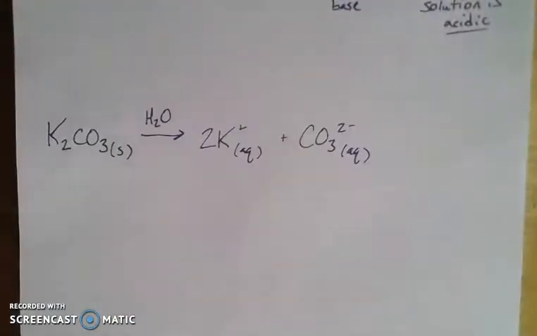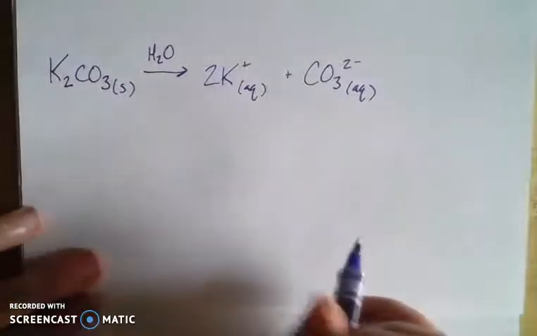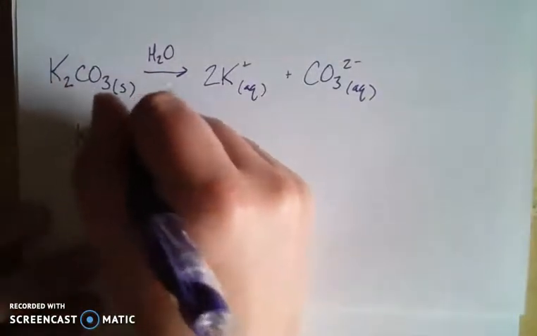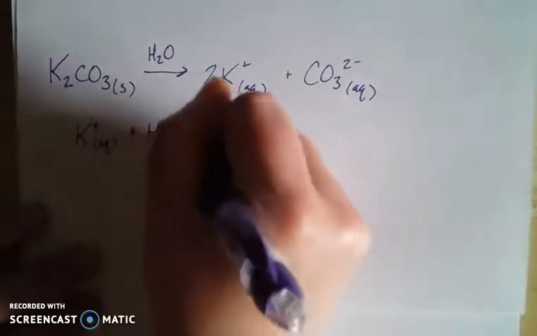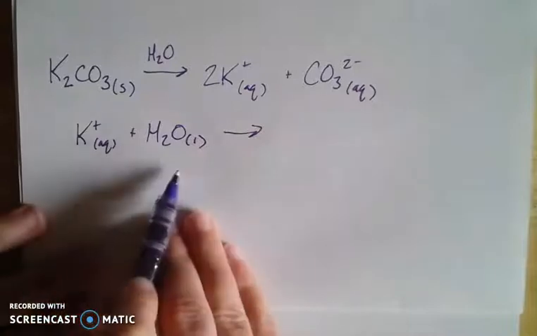All right, let's look at another example. Let's take potassium carbonate. When I put potassium carbonate in water, then I'll end up with potassium ions and carbonate ions. So I need to take my potassium first. I'll just do one of them. So the question is, what is this guy going to take from water?